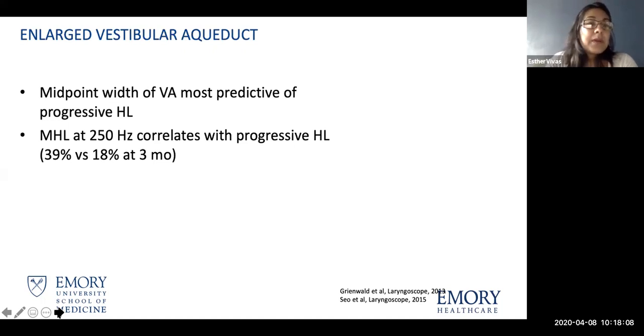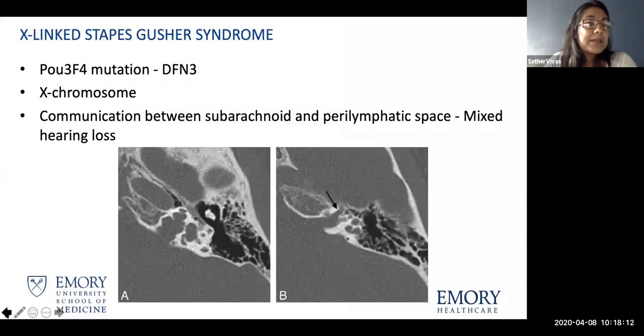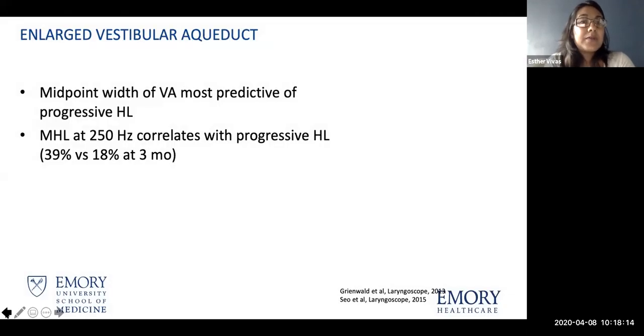Some of the issues with enlarged vestibular aqueduct are what you tell patients in terms of restricting activity, which is particularly troublesome or difficult to navigate in children or young adults. I think most people agree to avoid high impact contact sports like football and tackling.